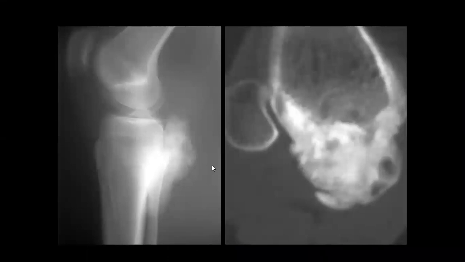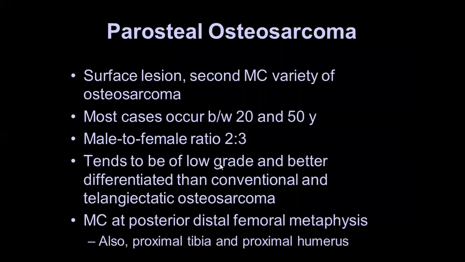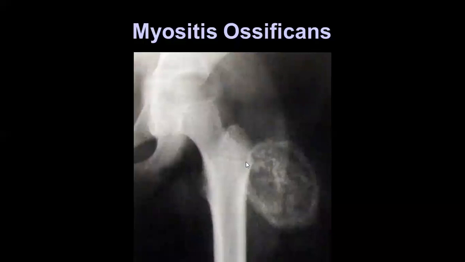This is a good question for MCQ. They like it in the MCQ. So this one is parosteal. In Myositis Ossificans, it is peripheral, perfect, and it is central, like here in sarcoma.